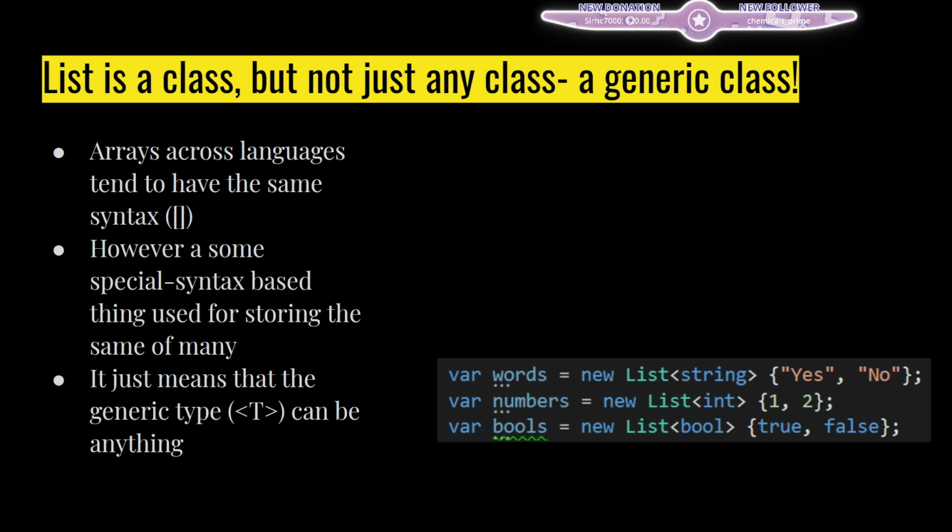So if I created a list of T, I need to be working with the same T consistently. Because, for example, if I compare int to string, that simply won't compare. So it needs to be consistent across a certain type of a generic. So if I use a new list of string, that means I can only add strings to it.